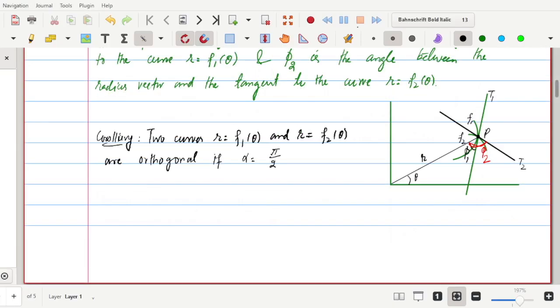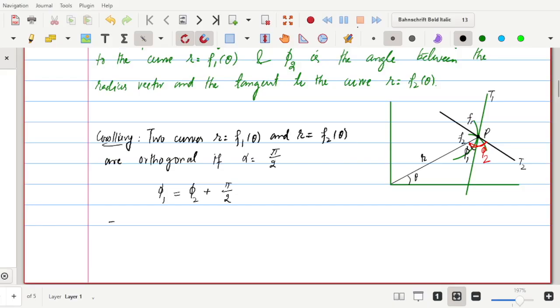Now as our curves f1 of theta and f2 of theta are orthogonal, that means the angles between the radius vector and the tangent vectors will differ by pi by 2. That means we can write phi 1 is equal to phi 2 plus pi by 2, or we can also write phi 2 equal to phi 1 plus pi by 2.